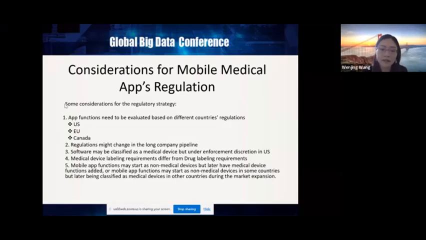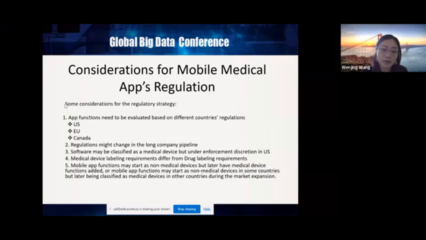Let's say in a pharmaceutical company like Merck, we have 7 or 8 years of pipeline before we launch the product. And during that long pipeline, the regulations could change. And the impact is when you create a mobile application, you also have to adapt to the new regulations before you could commercialize your product. And that's a potential risk to consider.